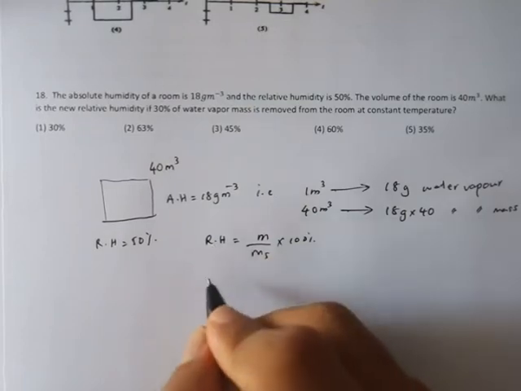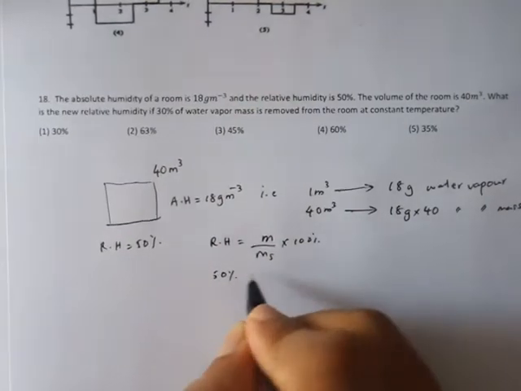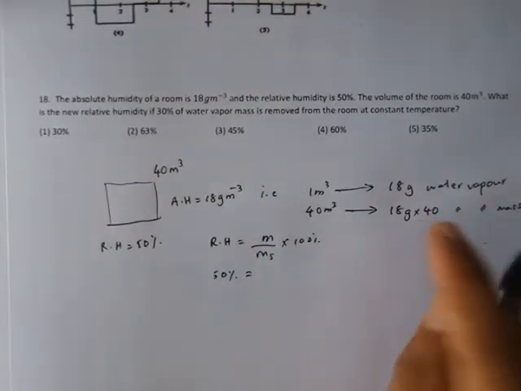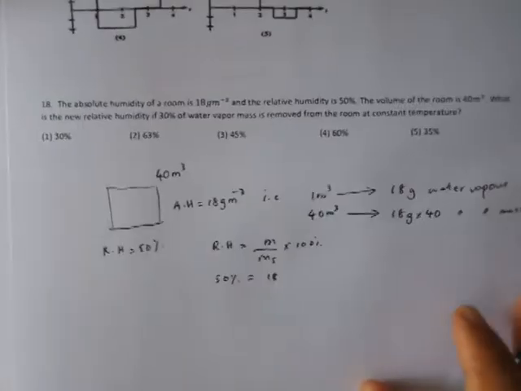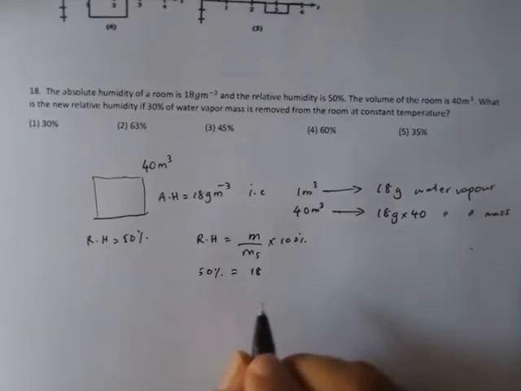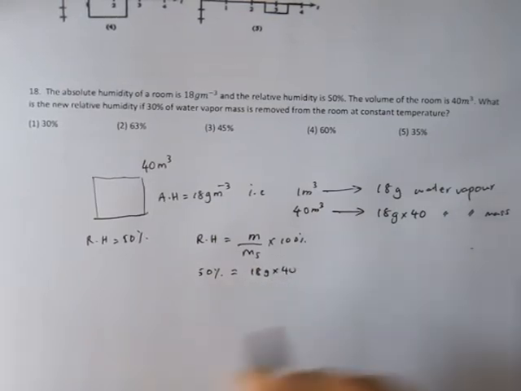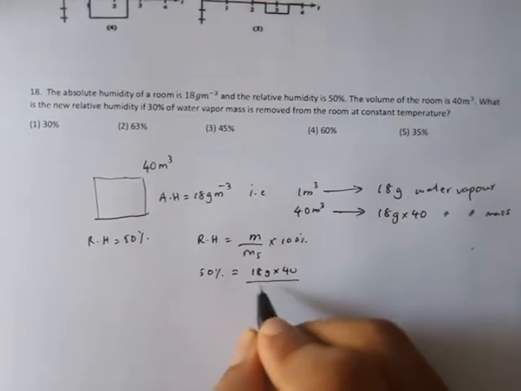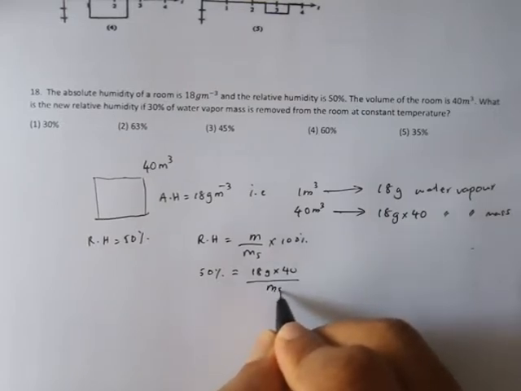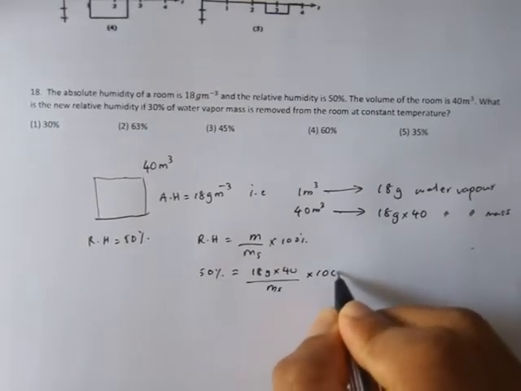So here this 50% equals M, I can write 18 into 40, the mass of water vapor, over the saturated vapor mass MS times 100%.